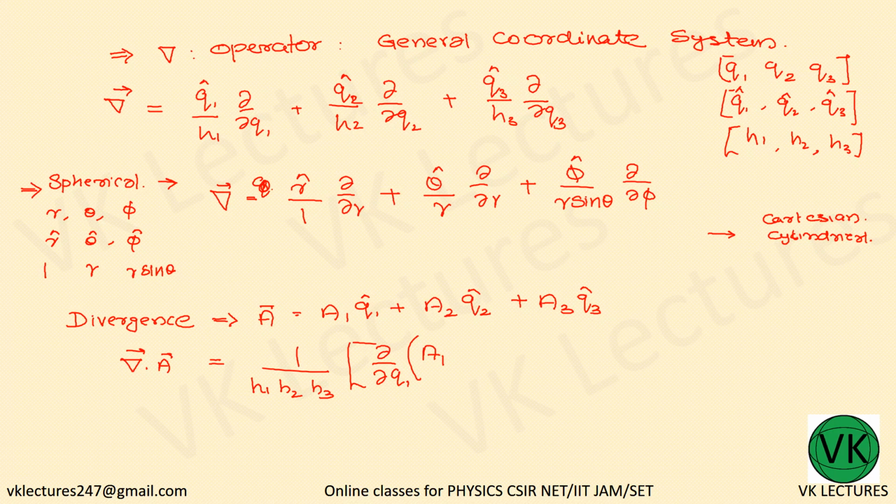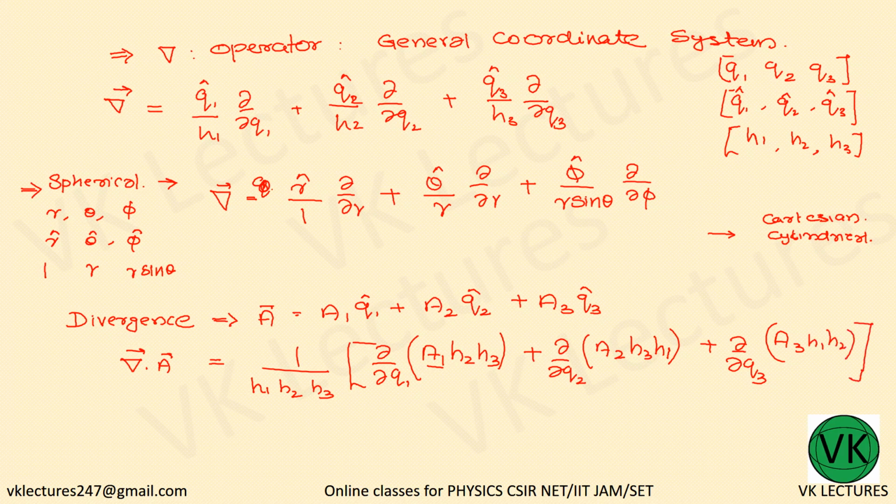So the first one belongs to the vector, h2 and h3 are the metric elements. It goes like this: plus dou by dou q2 of A2 h3 h1, plus dou by dou q3 of A3 h1 h2.